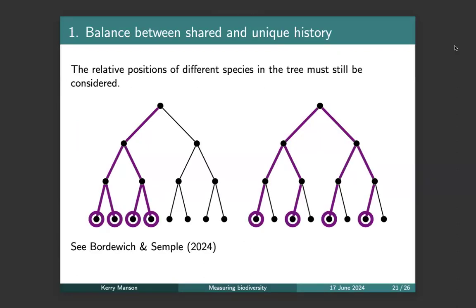Largely, we're concerned about changes in the tree. How do we understand changes in the tree? But this first one, and this has been worked on recently by my supervisor Charles and Magnus Bordovich, is that we have to consider the relative positions of different species in the tree. So in this tree, it's very balanced.